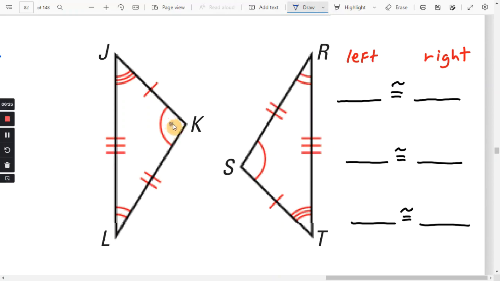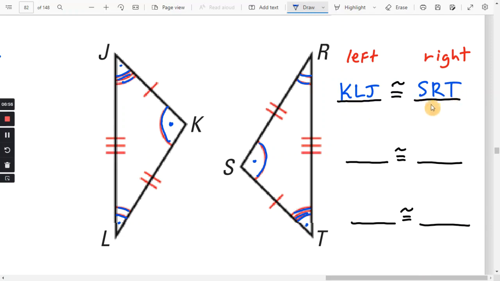We have K, because it has this 1 mark, matches S because it has this 1 mark. So K goes here and S goes here. And then match the ones with 2 marks. We have L, and the one with 2 marks matches R. So L matches R. And finally the one with 3, 1, 2, 3, that's J. And on the other one, 1, 2, 3, that's T.